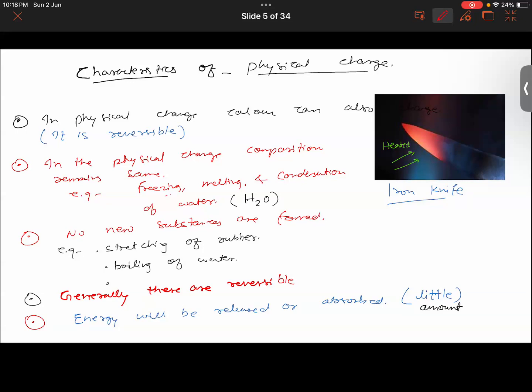It has to be physical and it has to be reversible in nature.